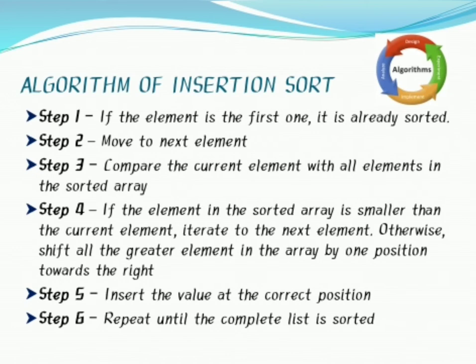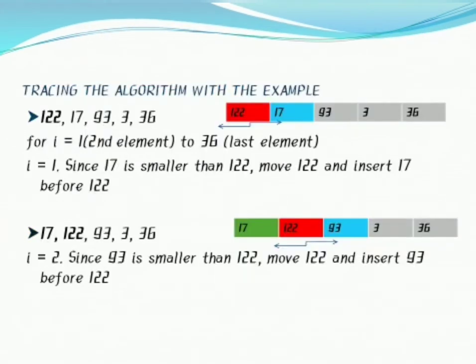An algorithm is better understood when we trace it with an example. Let us trace this algorithm with an example. Here we are given the numbers in the order 122, 17, 93, 3, 36. We need to sort them. Here we'll have a sorted list and an unsorted list. We'll consider the first element, 122, as sorted and the remaining as unsorted. The index for these numbers is i equals 0 for 122, i equals 1 for 17, and so on up to i equals 4.